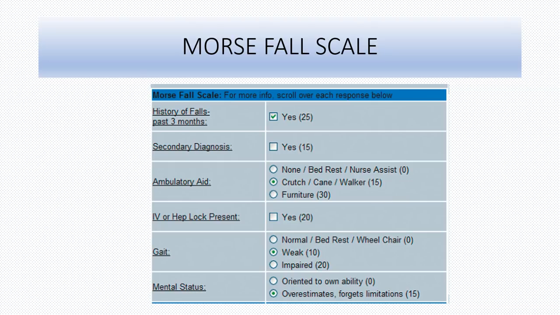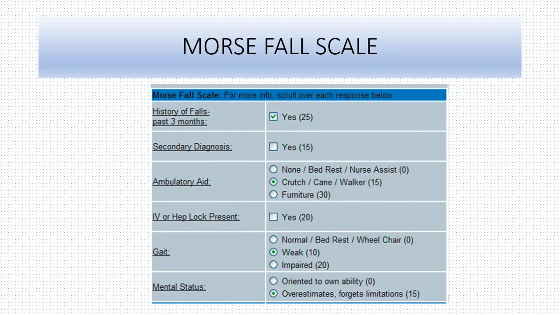So you can assign points. Is there a history of falls in the last 3 months? Does the patient have a secondary diagnosis with which falls are known to be associated? Is the patient using an ambulatory aid, or do they require the assistance of the furniture, for example, to get up from a chair, or get up from the couch?